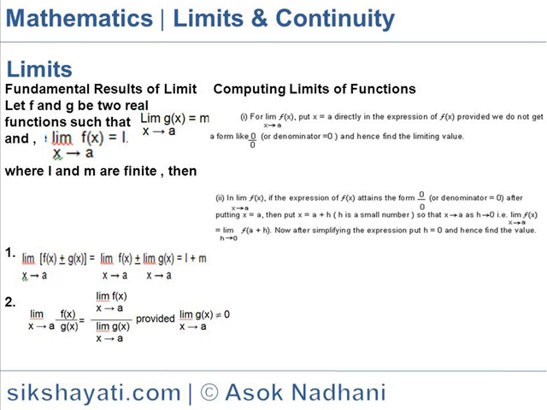So limit of f(x) as x tends to a, we can write as limit f(a plus h) as h tends to 0. Now after simplifying the expression, put h is equal to 0 and then find the value of f(x).